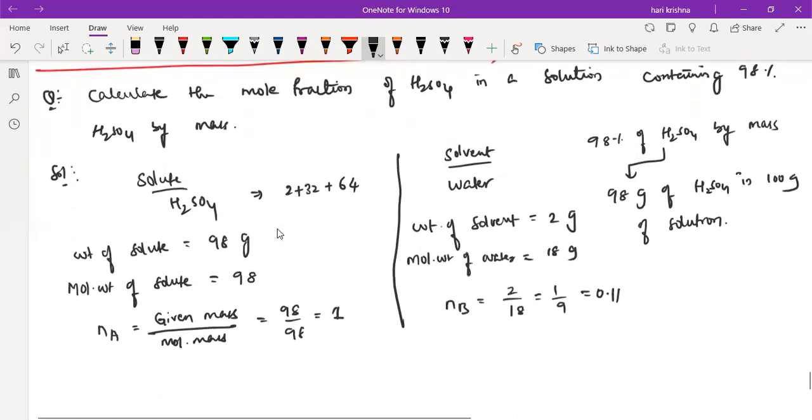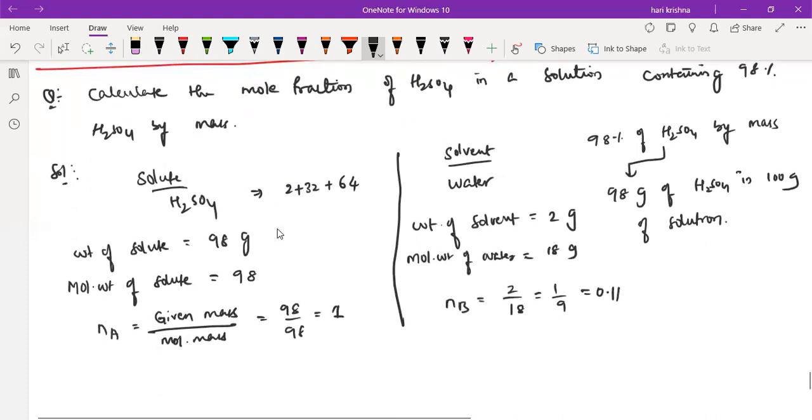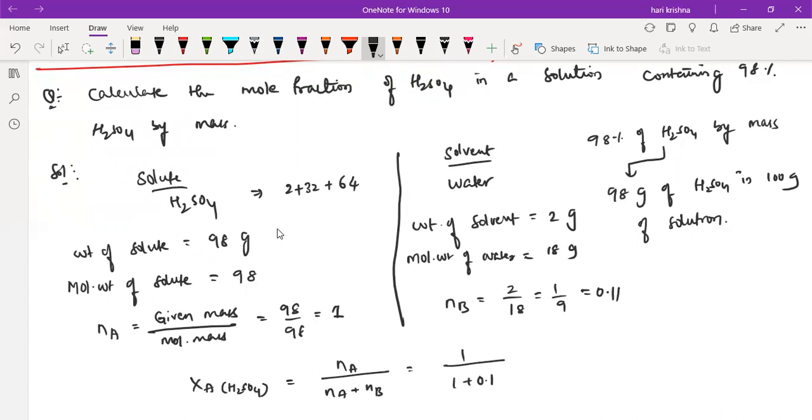This is the Nb value. Now if you want Xa, that is the mole fraction of H2SO4, how to calculate? Na by Na plus Nb, which is equal to 1 by 1 plus 0.1. What would be the answer?